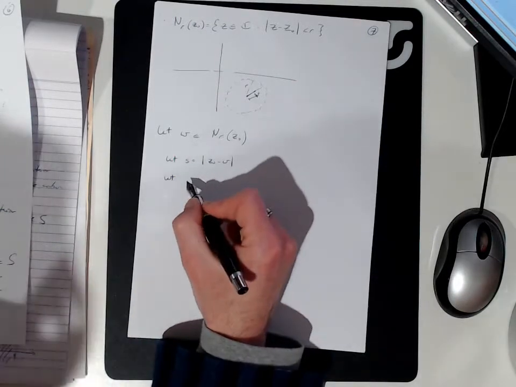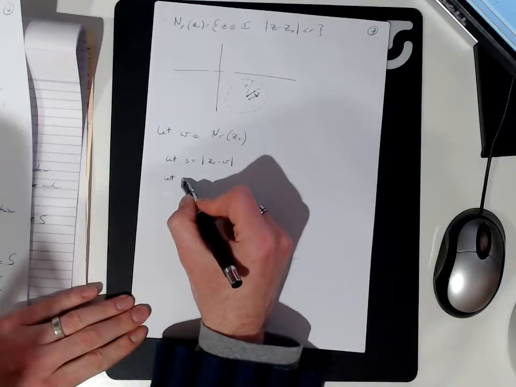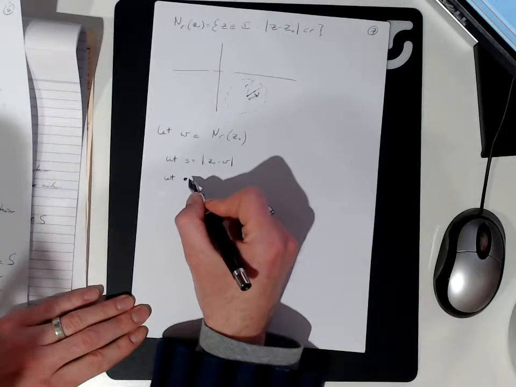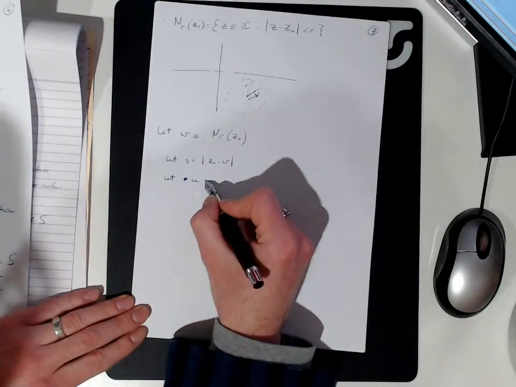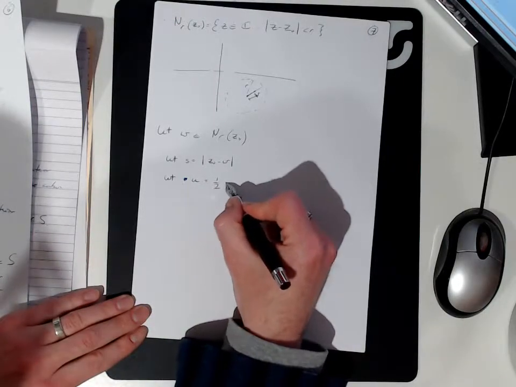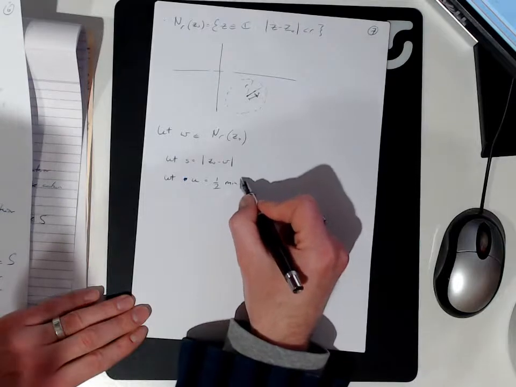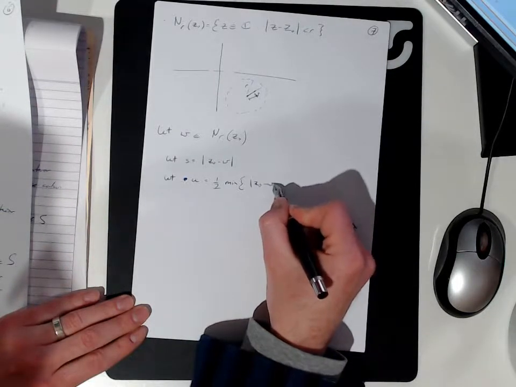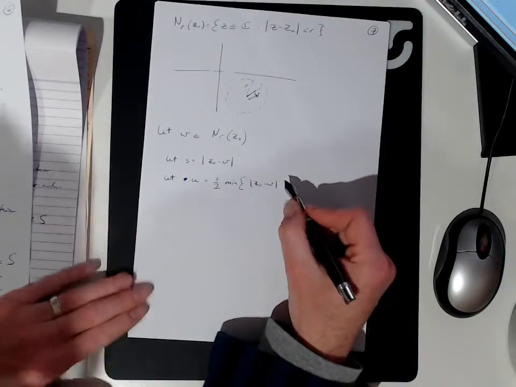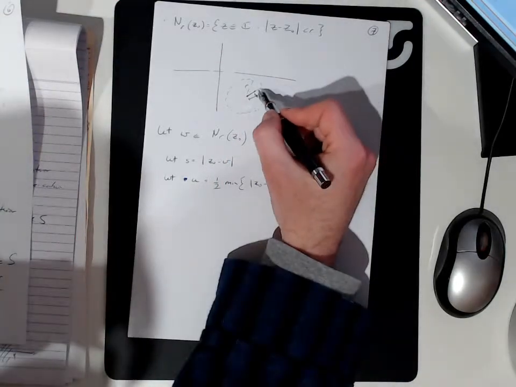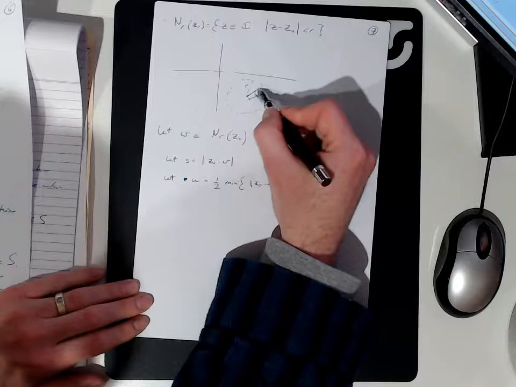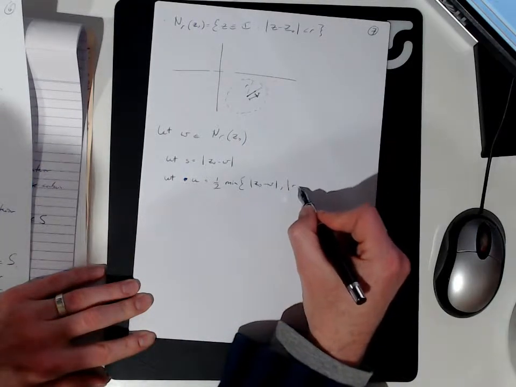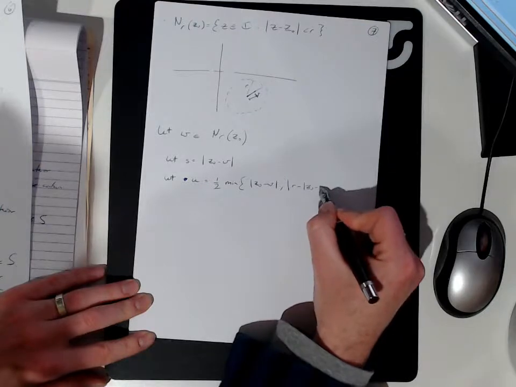Let's say we'll let u equal 1/2 of the minimum of the modulus of z0 minus w, and the remaining portion, the absolute value of r minus the modulus of z0 minus w.